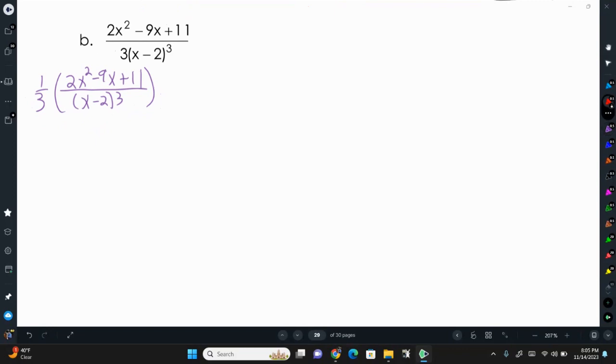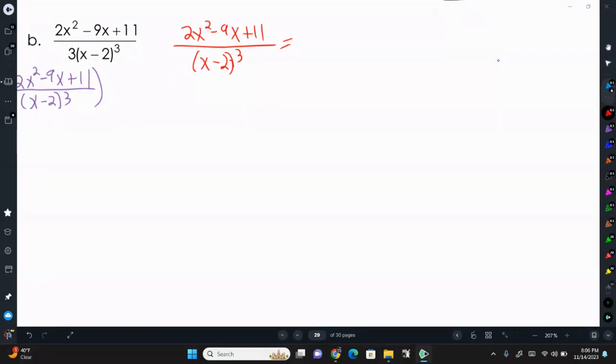Now, lucky for us, the denominator is already in factored form. So then it's going to be 2x squared minus 9x plus 11 over x minus 2 to the third equals, we have A over x minus 2. And like I was saying earlier, we have to have a fraction for each power of the denominator.